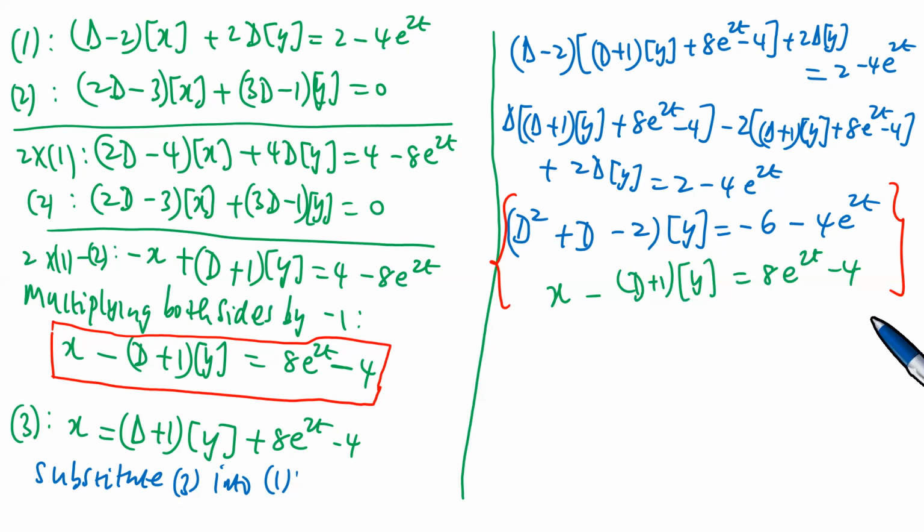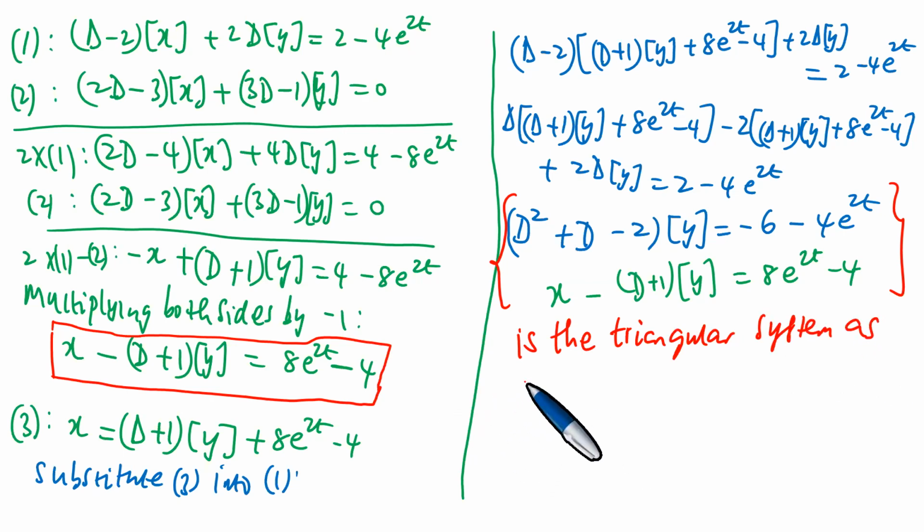So this one is a triangular system. Or not just a triangular system, but the triangular system that the examiner gave to us in the beginning. Is the triangular system as anticipated, or as required?